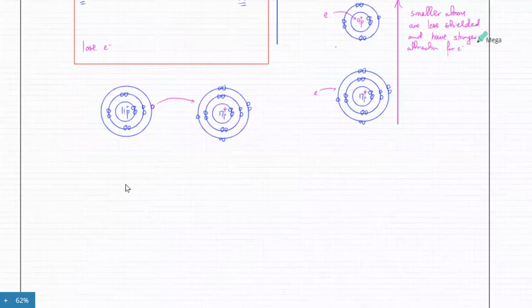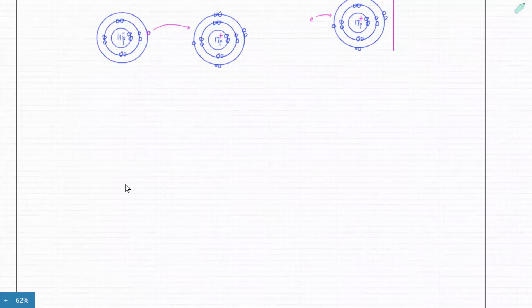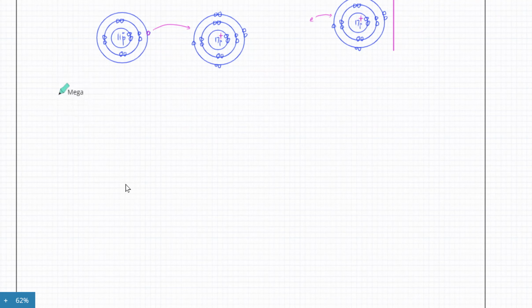So now the other thing is, you've got all these molecules. If a molecule has a difference in electronegativity, so for example, I have an HCl molecule, then we know that Cl is very electronegative.